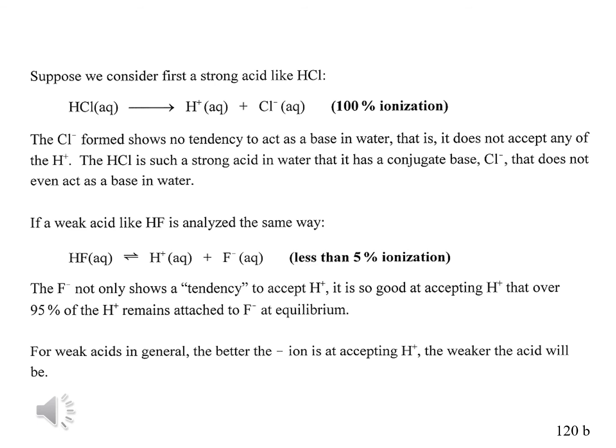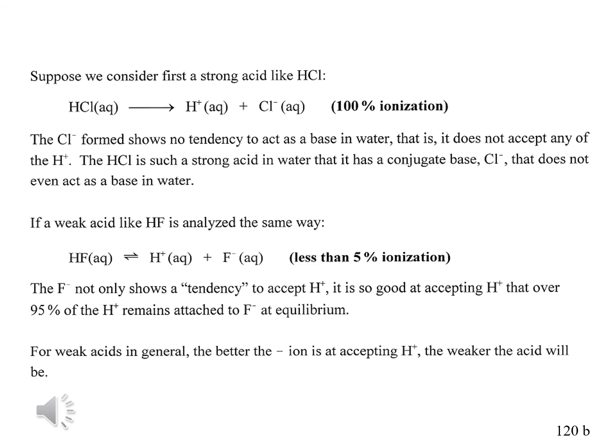So it is such a weak base that Cl- doesn't even act like a base in water. But if you look at the weak acid HF, the F minus, that's the conjugate base that it produces, has a good amount of tendency to accept the H plus back. As a matter of fact, when you put those together in water, 95% of the HF is going to stay together as molecules because the F minus is a relatively stronger base.